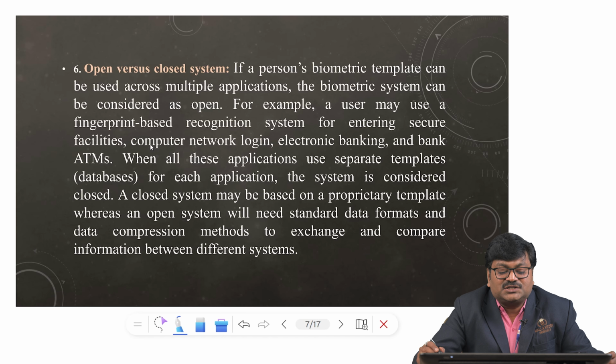And the next one is related to open system as well as closed system. Generally, open and closed systems are considered on the basis of interactions with the system by the user himself, wherein a person is using a particular system and granting access to his finger, and that finger is not given as a trait only for that particular application.